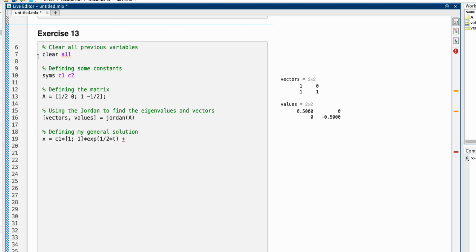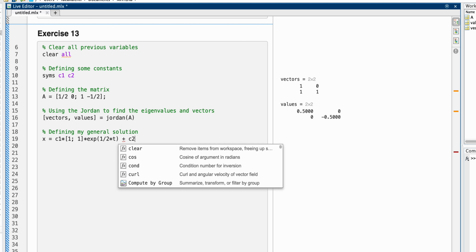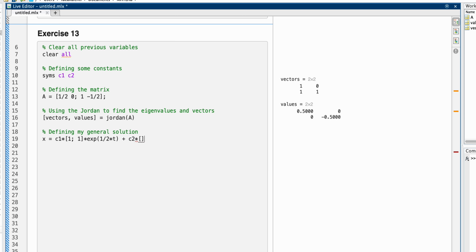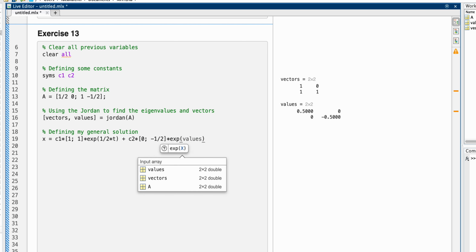I'm only going to have 2 in this case because I have a 2x2 matrix.